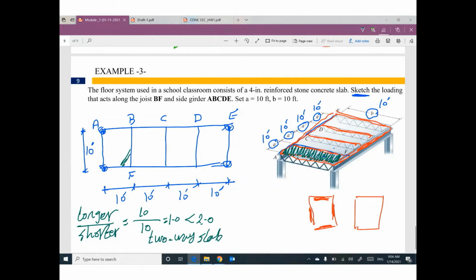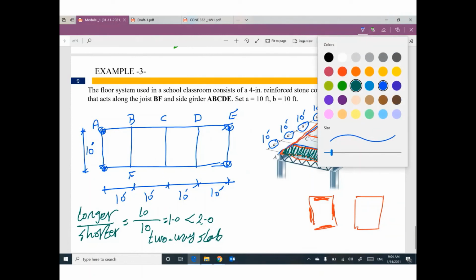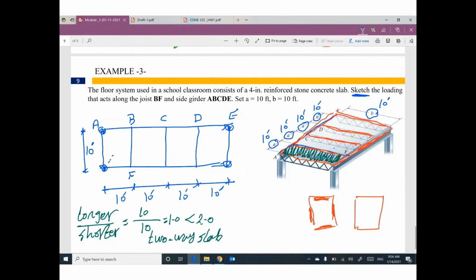If you have a two-way slab, I will draw a line with 45 degrees, 45 degrees, 45 degrees. You can draw 4 triangles in each one because it's a square.